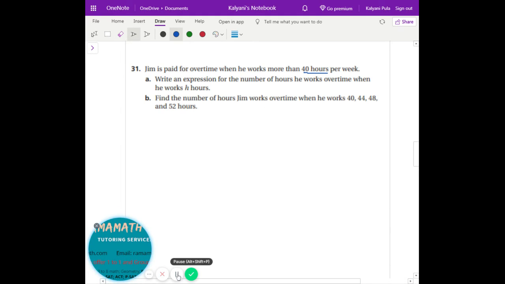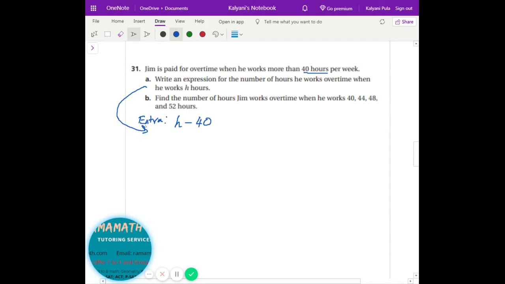So for this one, I know it's anything more than 40 hours. So let's say you work for 50 hours. How many more hours did you work? 10. 10. How do we get that? H minus 40. Like how many hours we work, take away that 40, and then you get the extra hours.